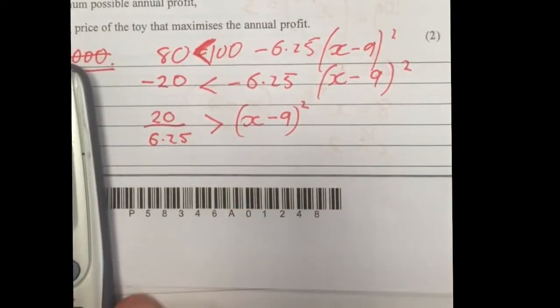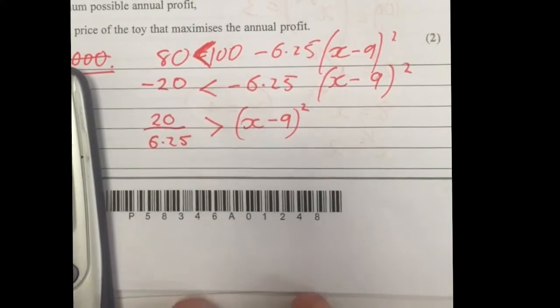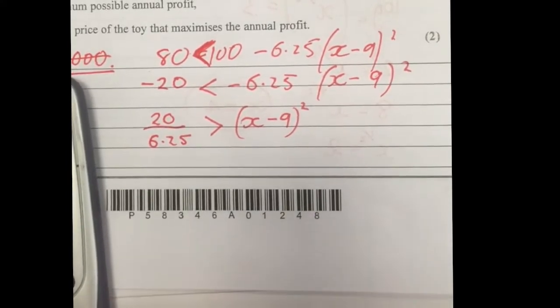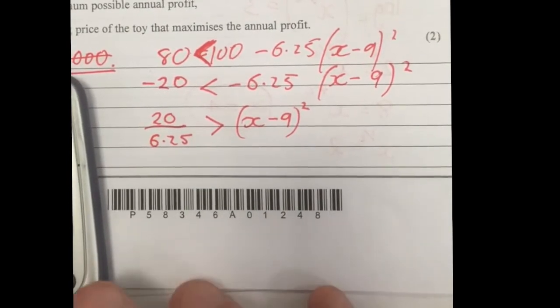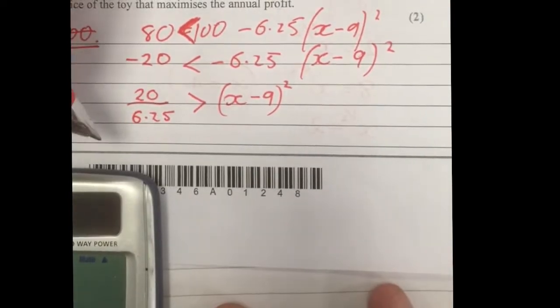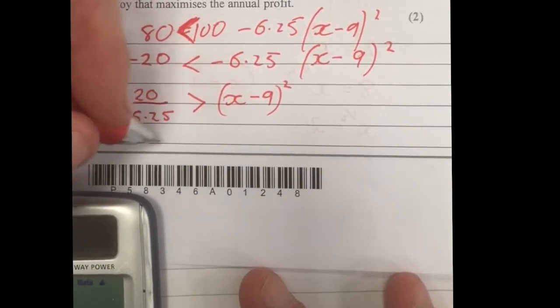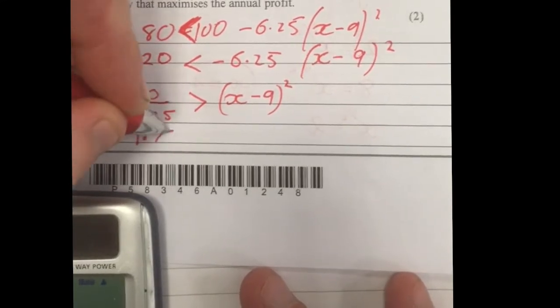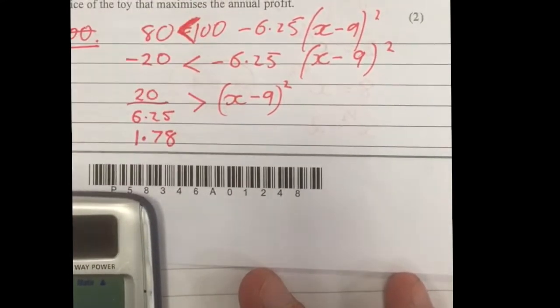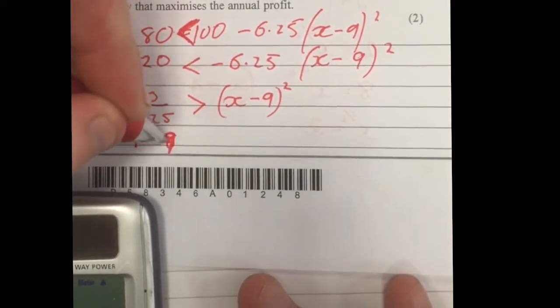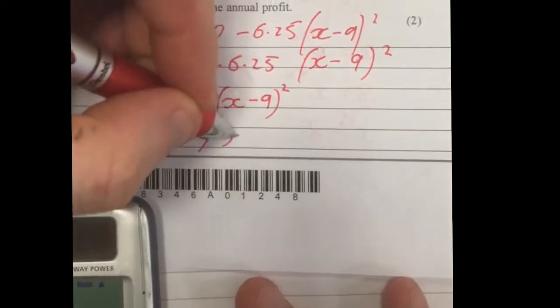So we can just calculate now. 20 divided by 6.25, 16 over 5. If we square root that, we're going to get about 1.79. Let's round it up. It's greater than x minus 9.